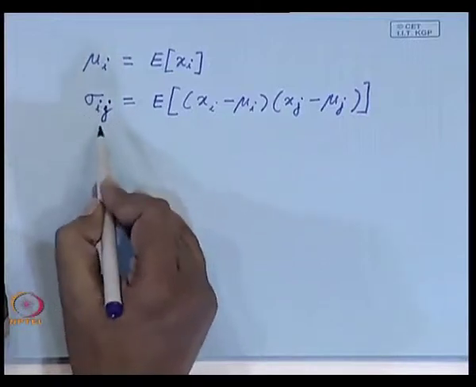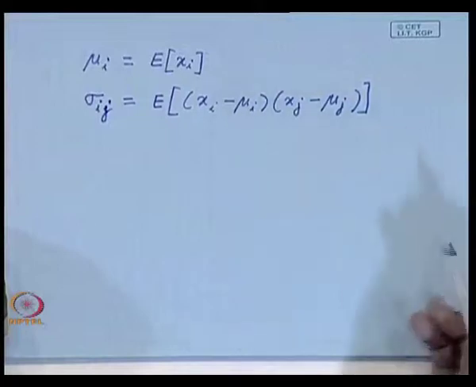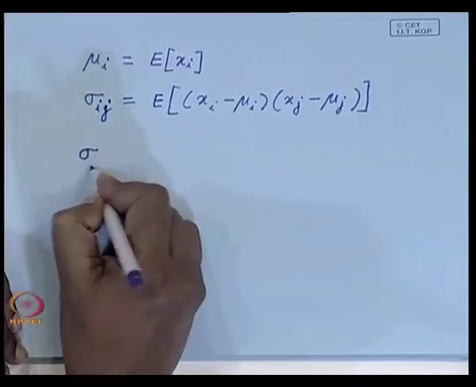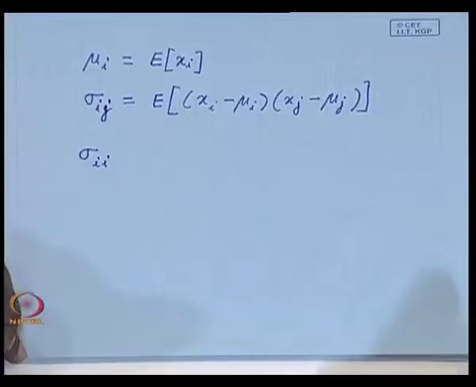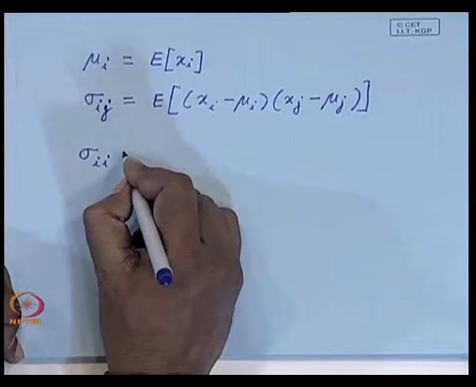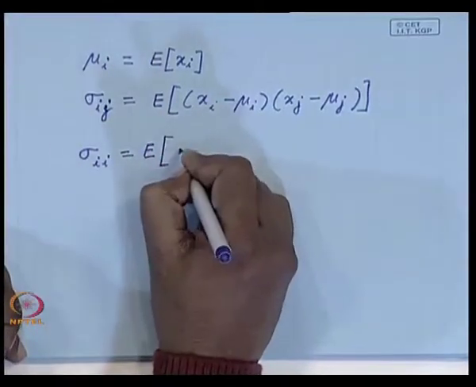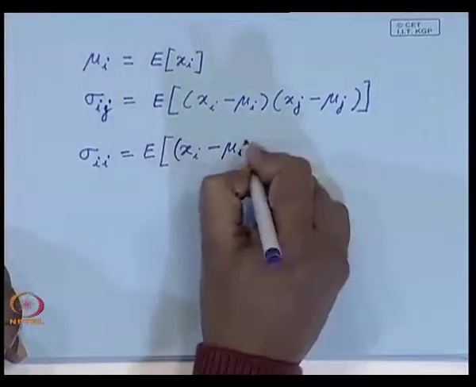Obviously, if I make i equal to j, these are the diagonal components of the covariance matrix, and it simply becomes the expectation value of (x_i minus mu_i) square.